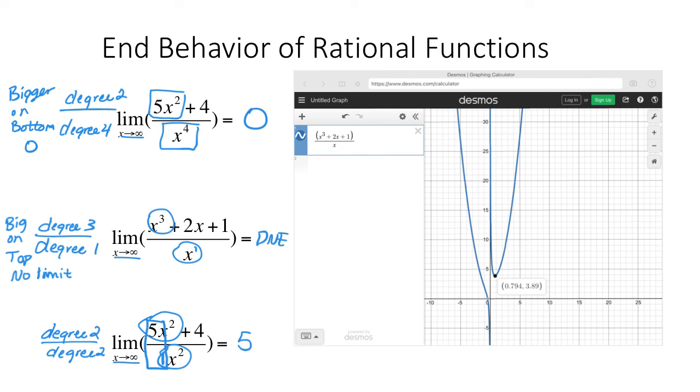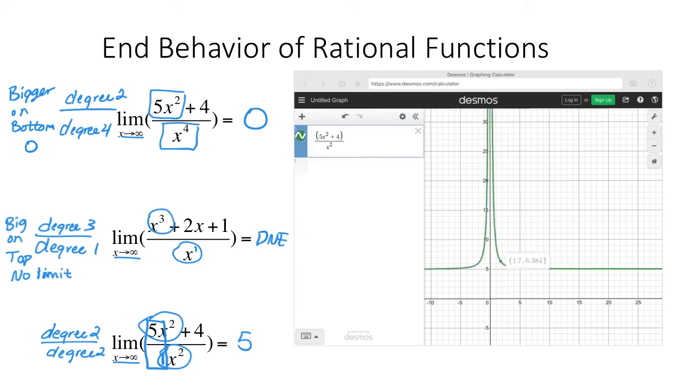I'll show you this graph as well. So here as I trace this function, as x increases to infinity, the y values are forced along this horizontal value, this horizontal asymptote, so the y values are approaching 5. So again, just a quick summary of your 3 options.